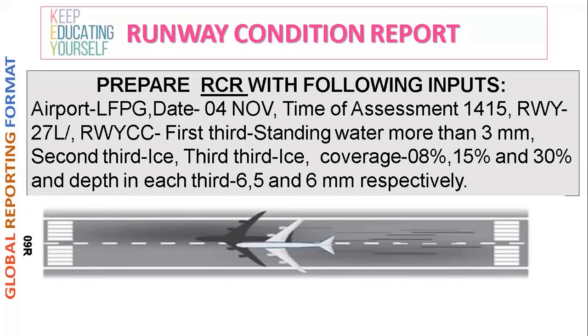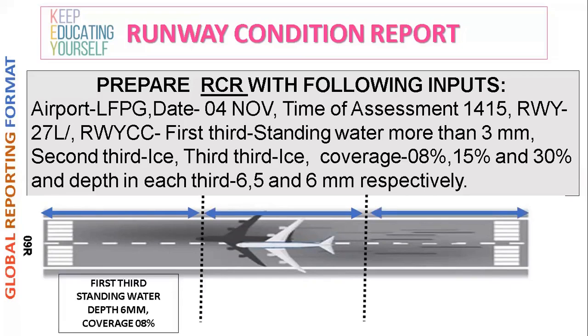So now what we have to do actually, we have to divide the runway into 3 equal parts. We have to begin from the lower designator runway, which is 09 right. So we have started with this. This is our first, second, third. So first thing first we have done.